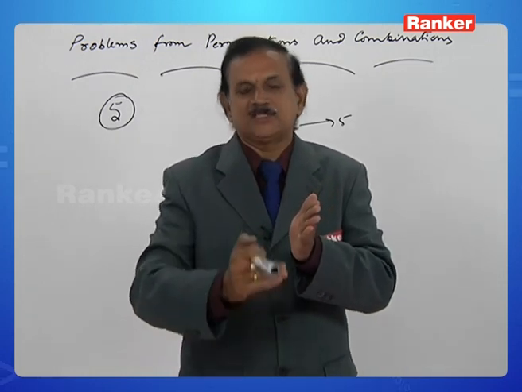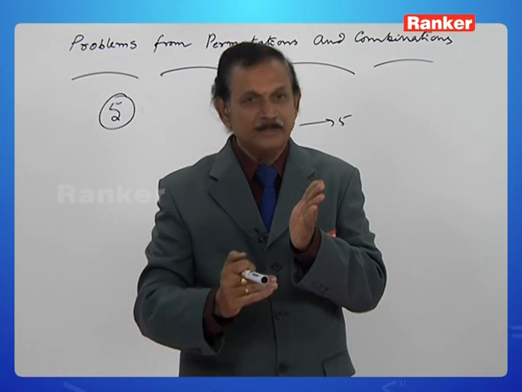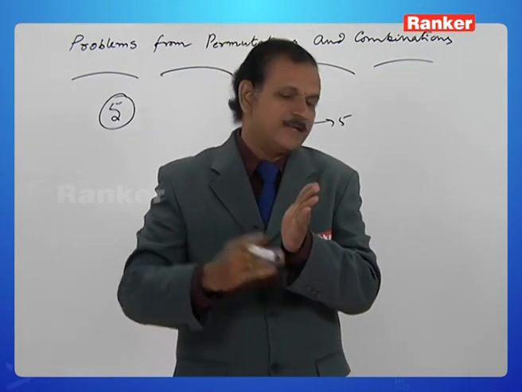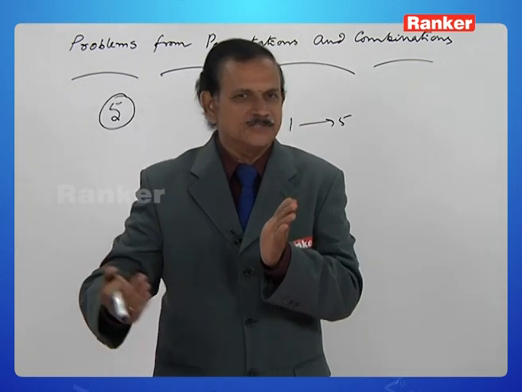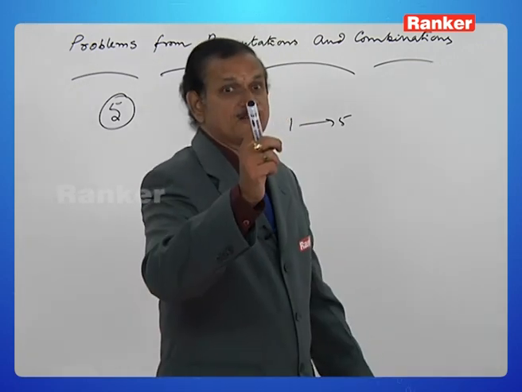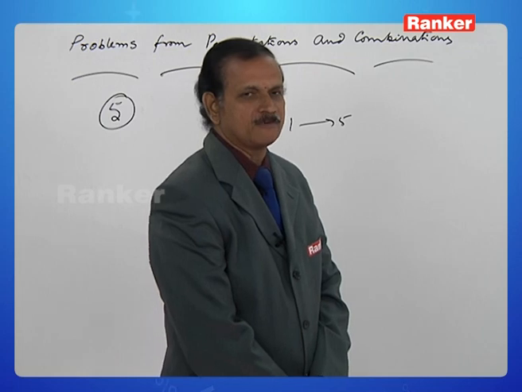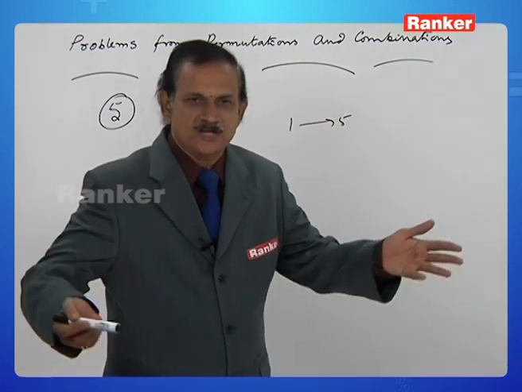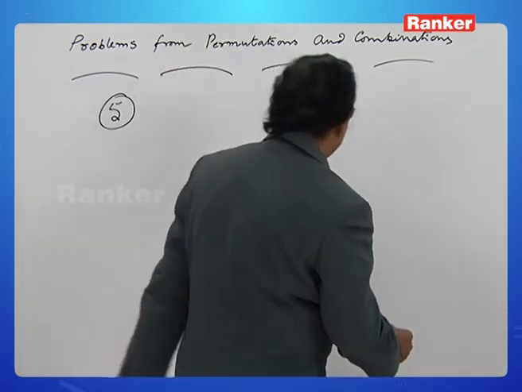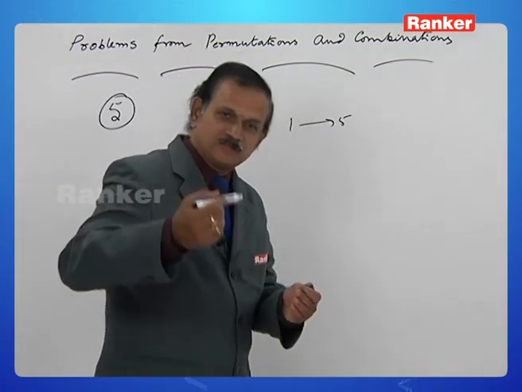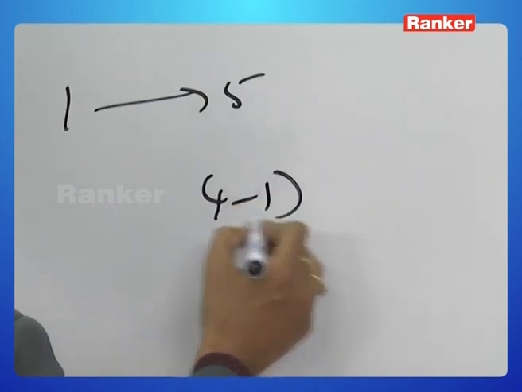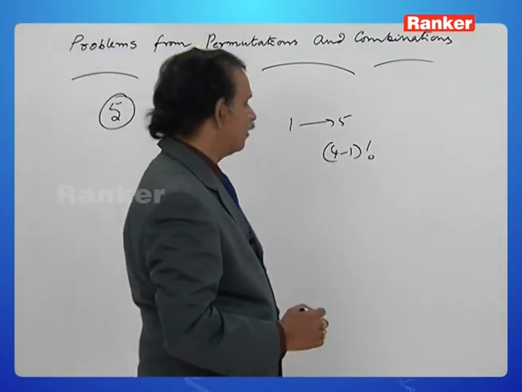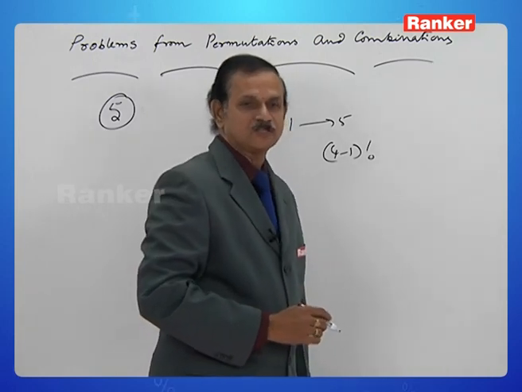They are not linear. Therefore, these 4 faces can be painted with the remaining 4 different colors in 4 minus 1 factorial but not 4 factorial. Why? Because these are to be considered circular. So, the number of circular permutations of 4 things is 4 minus 1 factorial. What is 4 minus 1? 3. 3 factorial means 6.